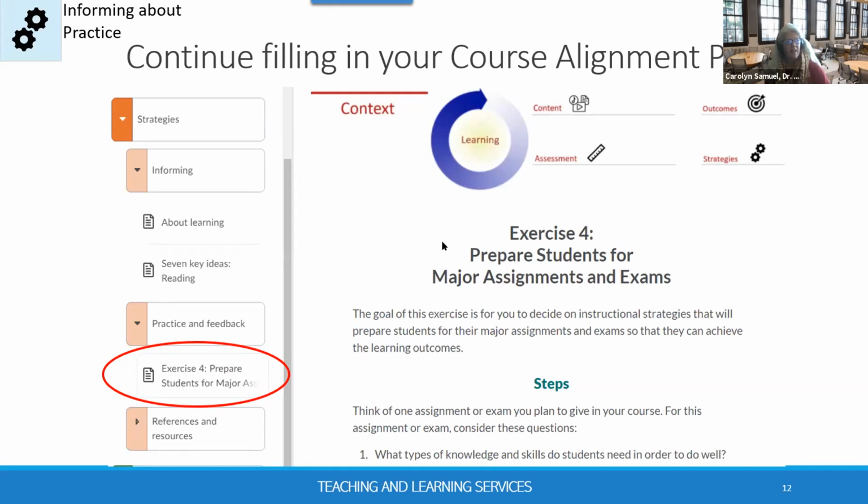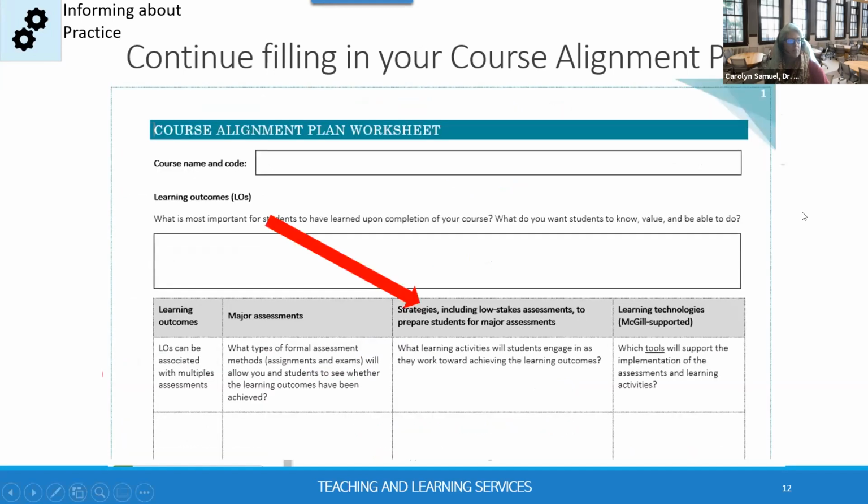We have another exercise for you here, exercise 4, where we ask you to continue developing your course alignment plan by filling in the strategies. So we encourage you to test yourselves by continuing to fill in the course alignment plan.